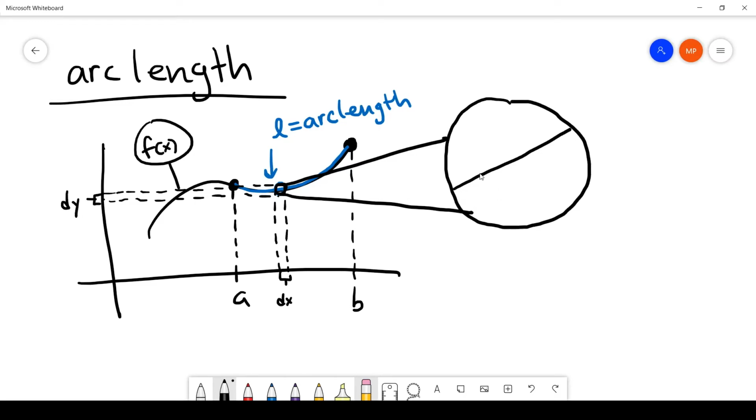And so in this triangle right here that we're going to make, on the x-axis this is dx, and on the y-axis this is dy. And now what do we call this hypotenuse here? Well, if the entire portion of this arc is L, we'll just call this dl. A small chunk, an infinitely small chunk of L, our bigger portion of the arc length that we want.